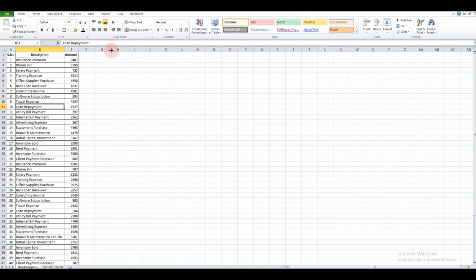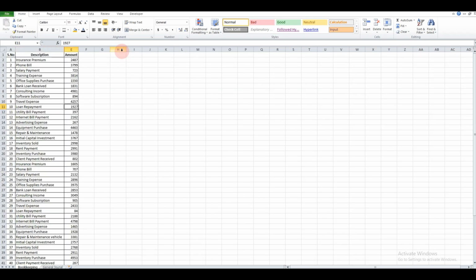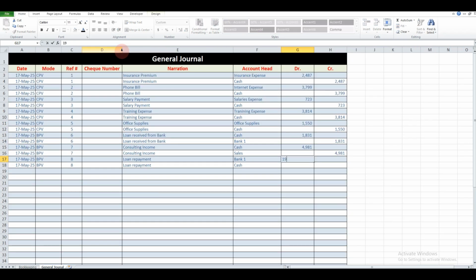So if we pass that entry, loan repayment, bank payment voucher, bank one debit, cash credit. We have paid 1927.